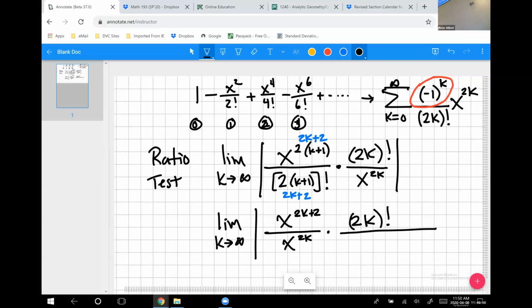The way the factorials work is you start with the number and you multiply your way down. So 2k plus 2 factorial would be 2k plus 2 times 2k plus 1 times 2k, counting down, which means 2k factorial.